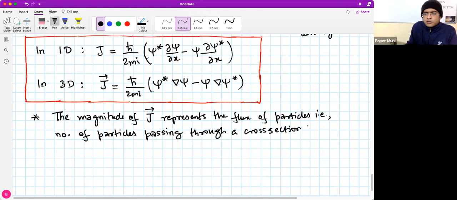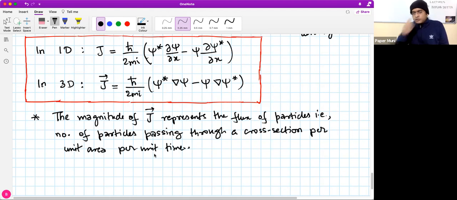passing through a cross section per unit area, per unit time. This is a similar description of J to the one we had in electromagnetic theory.